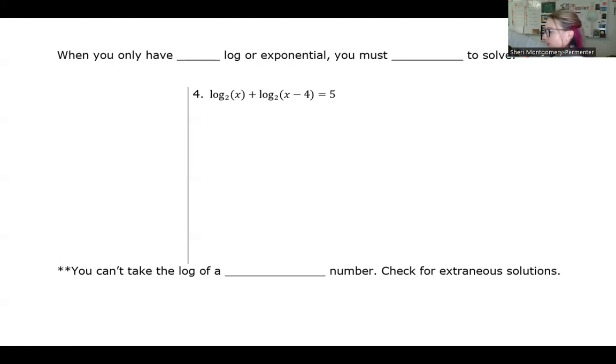When you only have one log or one exponential in the problem, you must rewrite to solve. When we rewrite, that's like when we take the log and do it like that. So if you want to give yourself a little reminder, that's what I mean by rewrite.